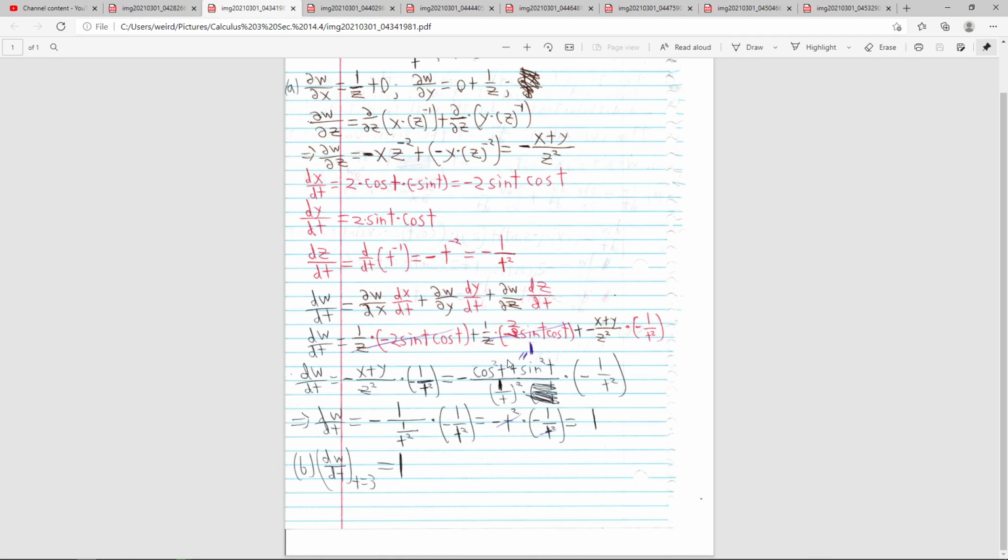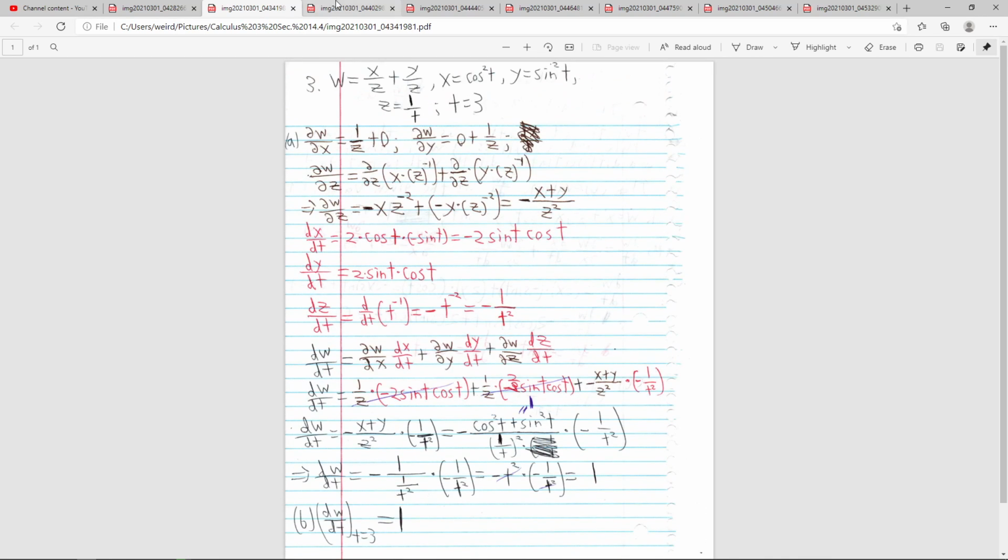And the numerator becomes 1 because cosine squared plus sine squared is 1. So basically it's negative t squared times negative 1 over t squared, which is negative 1 times negative 1, equal to 1. And at the point t equals 3, it's going to be 1 as well.